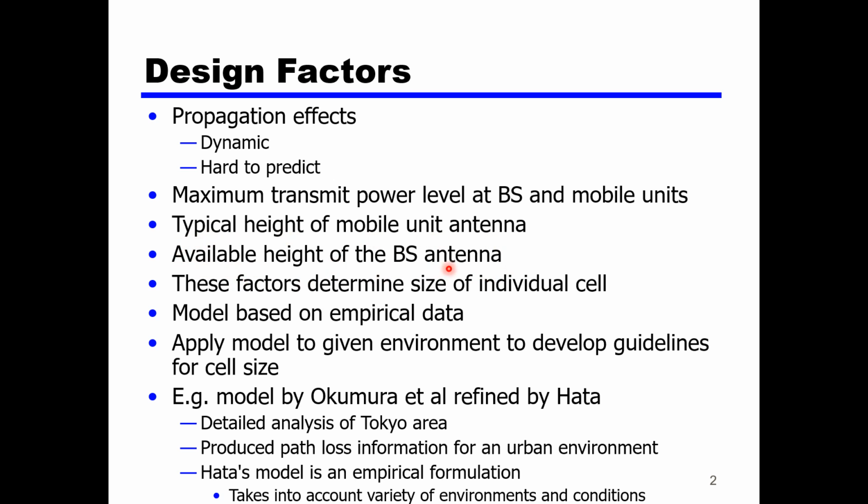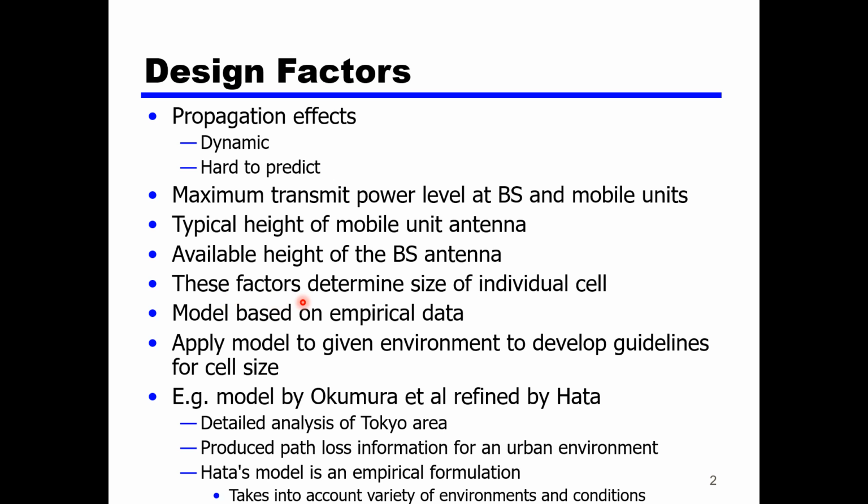Then the available height of the base station antenna. You may sometimes see a base station tower above the roof of a high-rise building, or sometimes above a mid-rise building also. So this height of the base station antenna plays a vital role. You have seen that some towers are very tall, but some are of moderate height.